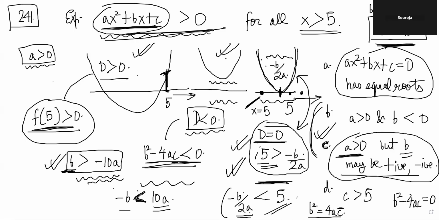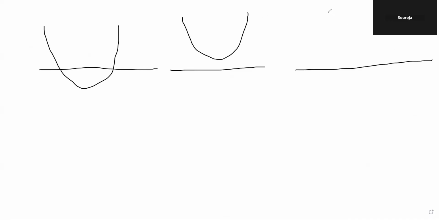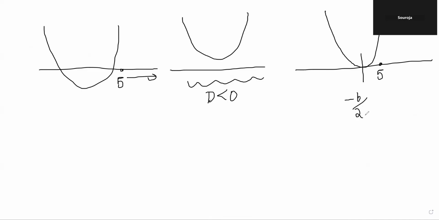Do you understand that it is possible in all three cases? It is possible in all three cases that the graph is bigger. 5 could be here and above 5 it is positive. Here though there is no issue, the only thing is d is less than 0. And here we have to say 5 should be above and vertex is here at minus b by 2a. 5 should be ahead of the vertex, right?